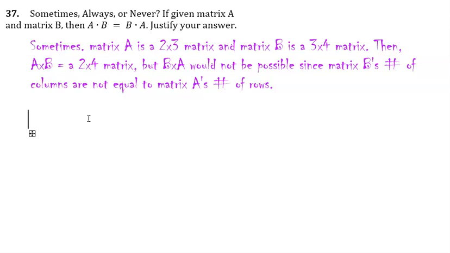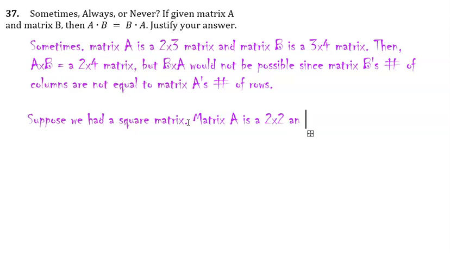So let's just say we had a square matrix. So suppose we have a square matrix. Matrix A is a 2 by 2, and matrix B is the identity matrix.